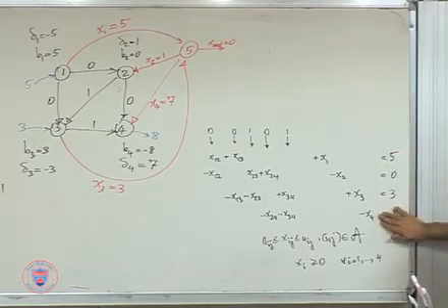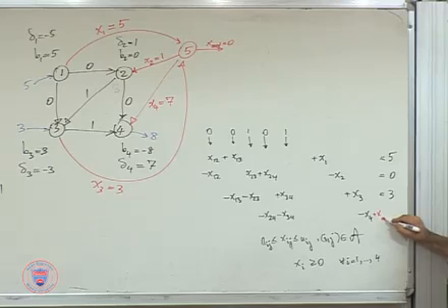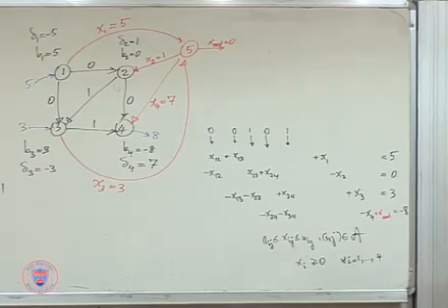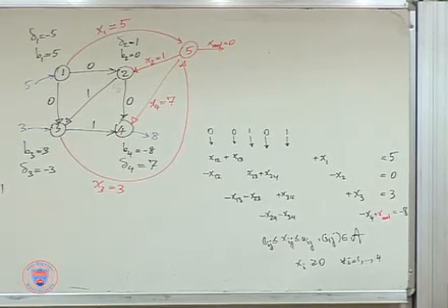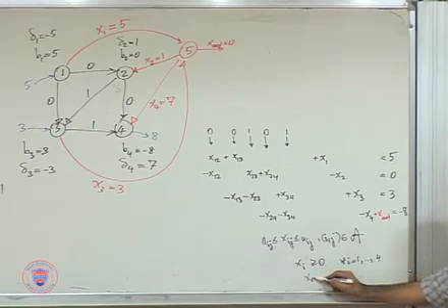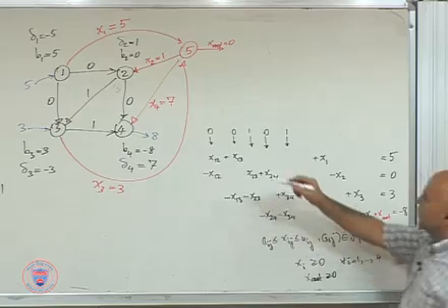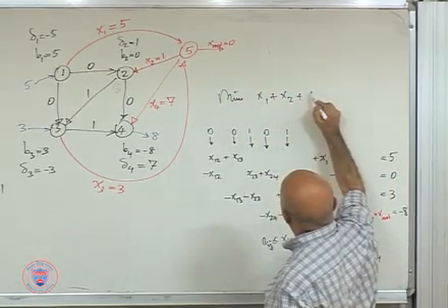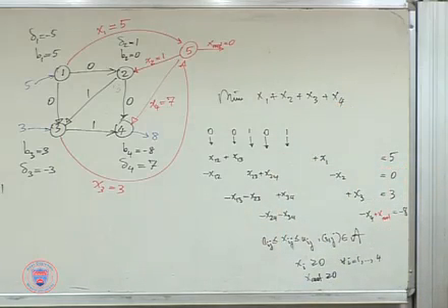So let me put it here. Plus x root equals minus 8 here. Okay, what do you minimize? You minimize x1 plus x2 plus x3 plus x4. That's your phase 1 problem.